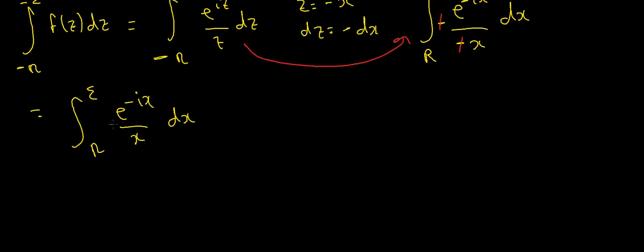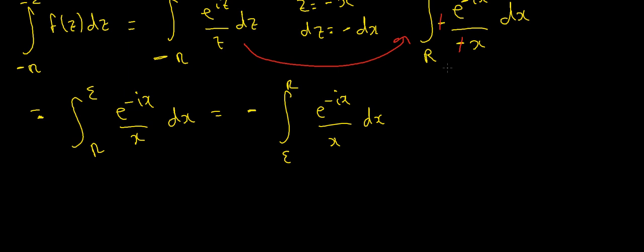So I'm going to multiply the whole integral by minus 1 and swap the limits. That won't change the value of the integral. So this integral is exactly the same as minus the integral, not from r to epsilon, but from epsilon to r, of e to the minus ix divided by x dx.